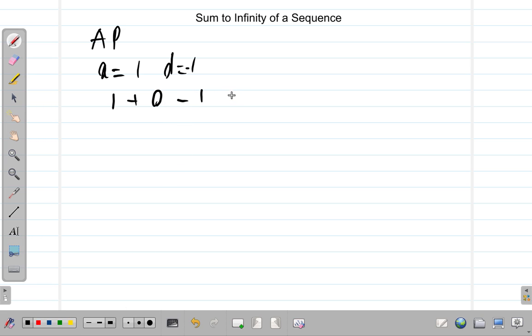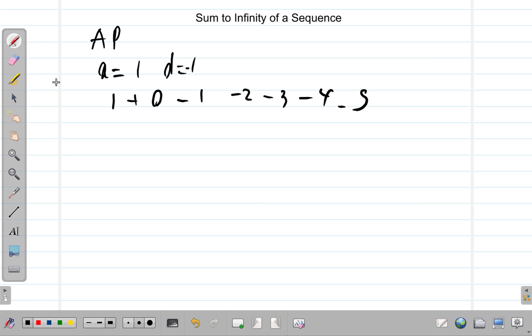Then the next term would be negative 1 minus 1, which is negative 2. And minus 3, then minus 4, then minus 5. So you would still have an infinitely large number. It's just that it would approach negative infinity.